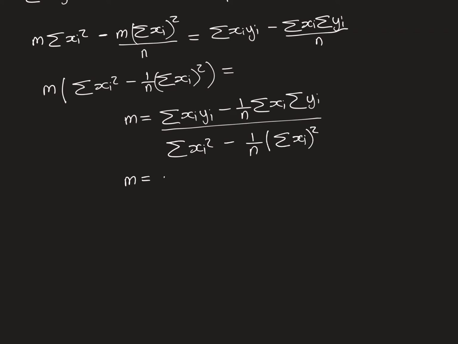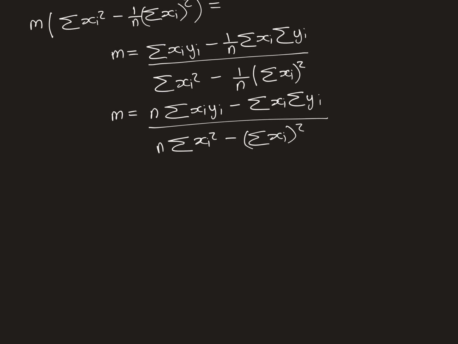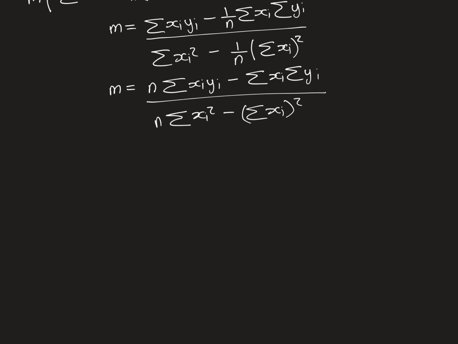So m is now equal to n times the sum of xi yi minus the sum of xi times the sum of yi, divided by n times the sum of xi squared minus the sum of xi all squared. And I suppose if I wanted to write it beautifully, I would now finally agree to write out the i equals 1 to n again.